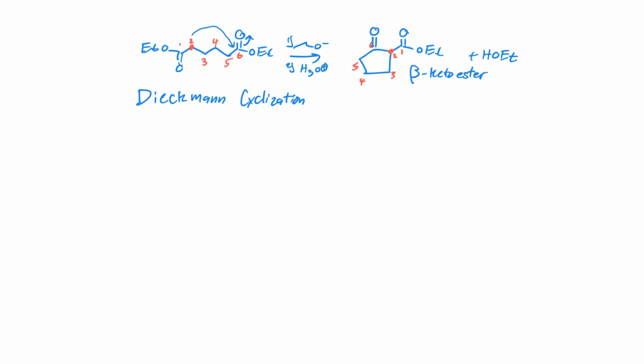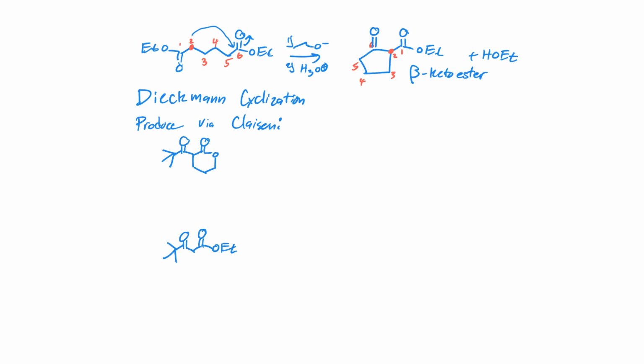Let's get a little more practice before we finish up this section. So let's produce these molecules via a Claisen. Draw them out, let you think about them for a few minutes, and then we'll talk about them.